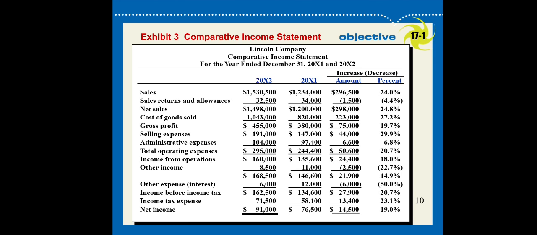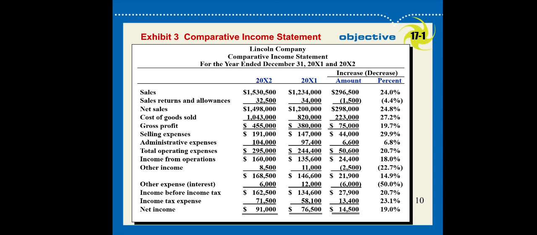So now, what is your conclusion? Is the business getting better in terms of performance or not? The conclusion that you can make after doing this horizontal analysis is, maybe the performance of the business is not good. It's not getting better, because for this business the increment in sales or revenue is 24%, but the increment in profit is only 19%.